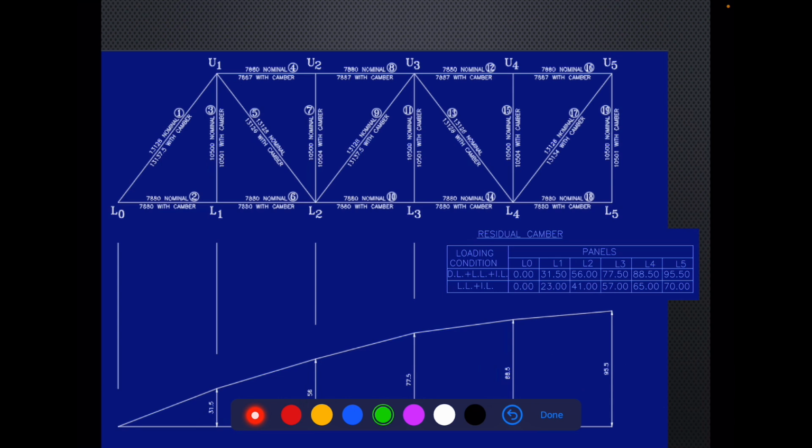So we are keeping nominal length equal to camber length for all the floor members. As you can see, 7880, 7880. The nominal length and camber length are the same for all the floor members.